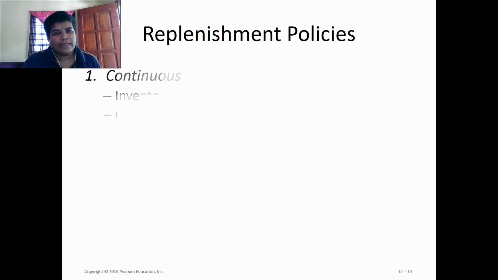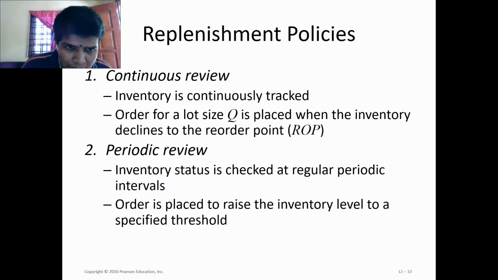So there is a policy on replenishment. There are two: one is continuous review and the second is periodic review. In continuous review, inventory is continuously tracked. An order for a lot size Q is placed when the inventory declines to the reorder point, ROP.